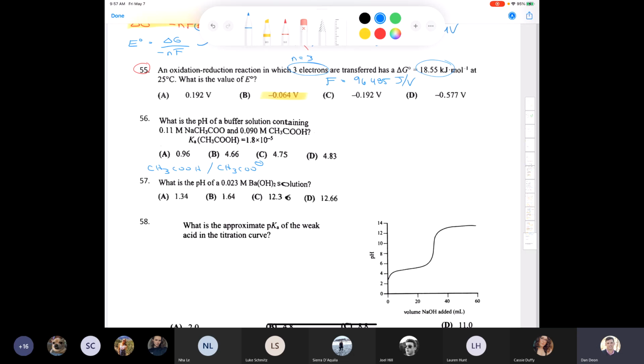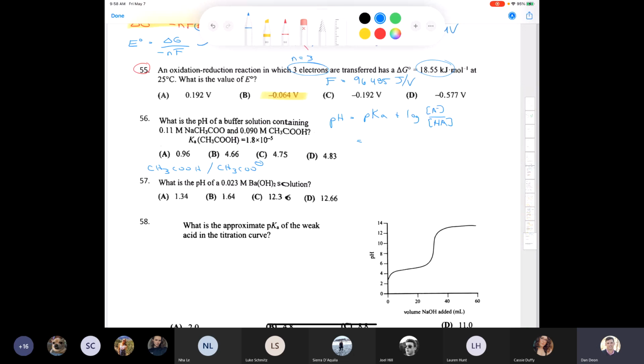You see that it has pH is equal to the pKa plus the log of the concentration of the conjugate base divided by the concentration of the acid. So all we have to do is plug some numbers in. We get that our pH is equal to the pKa, which is the negative log of the Ka.